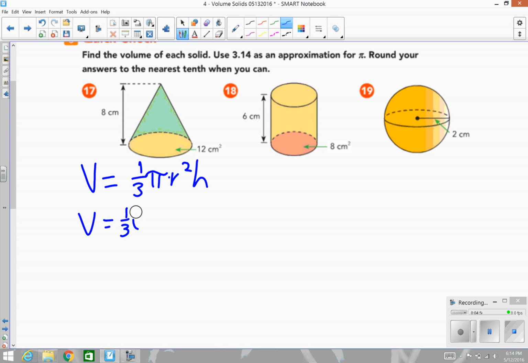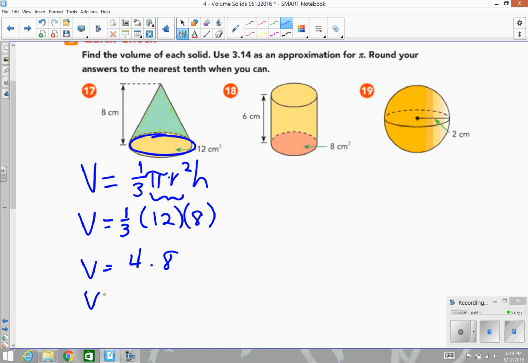They gave it to you, didn't they? Okay, so this right here, they've already told you is 12. How awesome is that? Times the height, which is 8. 1/3 of 12 is 4. 4 times 8 is 32. And for a 3D figure, it's always your units cubed. Volume is always cubed.